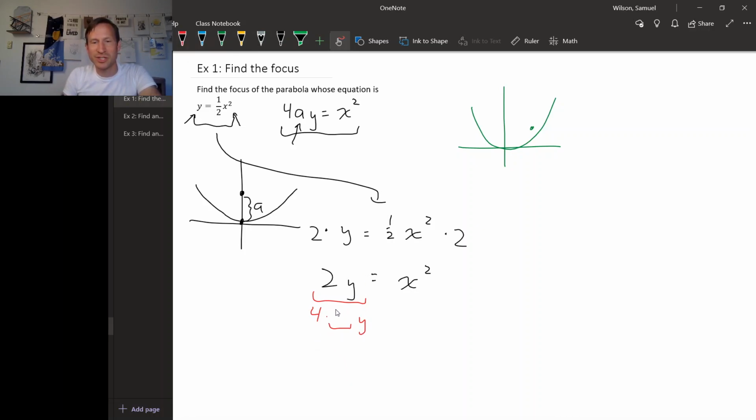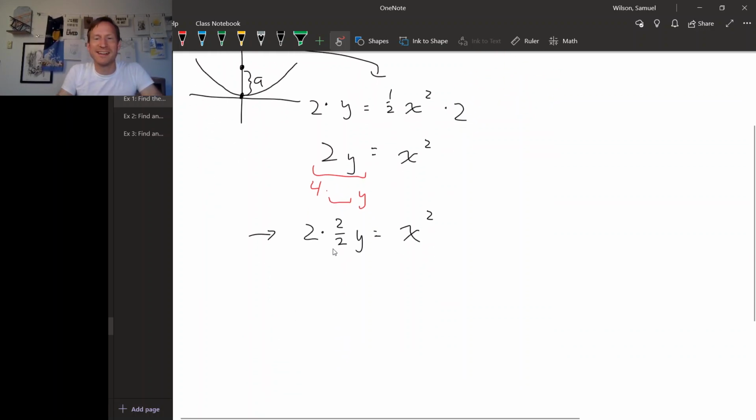So we have a 2, and we'd like that to be 4. We can take the 2 that we started with and multiply it by 2 over 2, y equals x squared. This is the same equation as before because this 2 over 2 is really just 1.